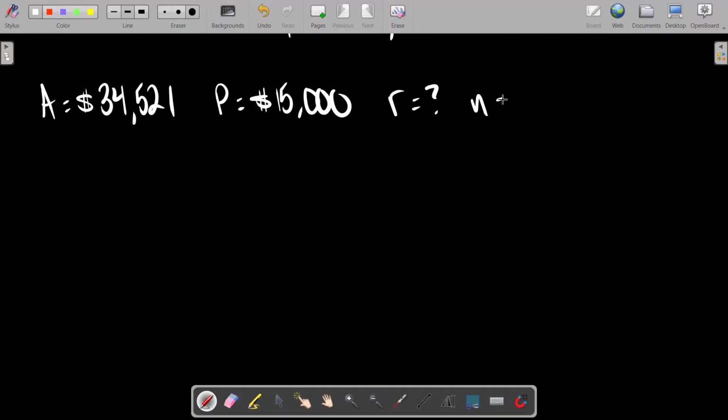We are going to know that it's monthly compounding, and we're going to know that the amount of time it took is 20 years. So the phraseology of a question like this as a word problem would be something like, what interest rate would be required for an investment of $15,000 to grow to 34,521 with monthly compounding for 20 years?